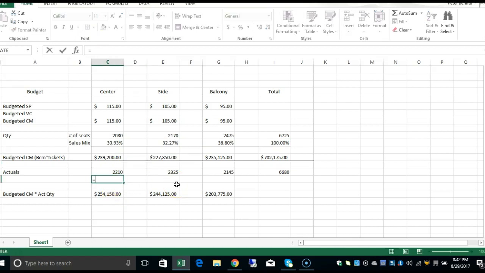So this is going to equal the actual divided by the total. And again, let's make sure that it equals 100%.